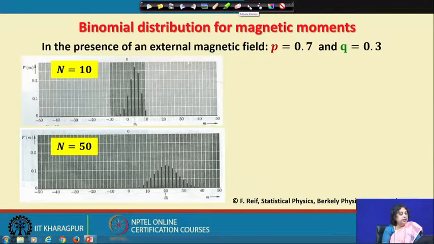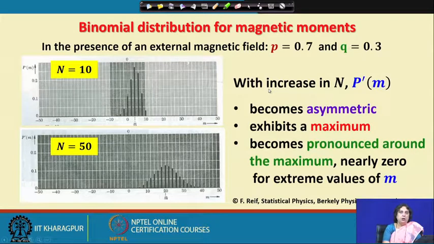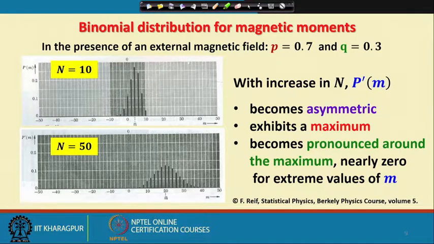So, what should be my major conclusion from a comparison? What I find here is that with increase in n, the asymmetric nature is observed for the case where P is not equal to Q.